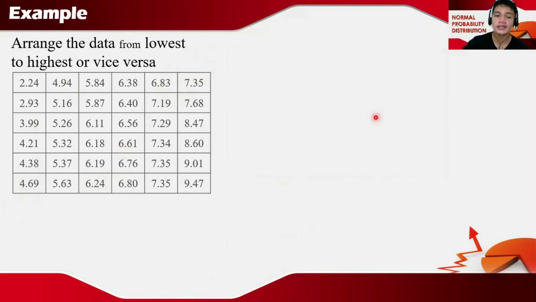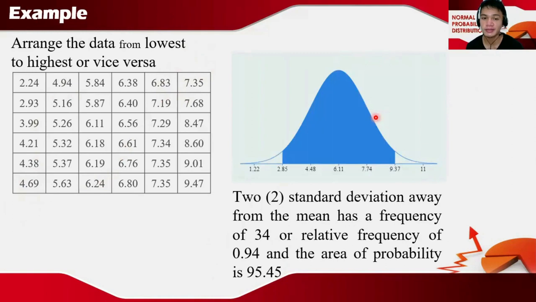Now, for the two standard deviations away from the mean, it has a frequency of 34, since we will be considering values from 2.85 to 9.37. So in this table, let's locate the numbers between 2.85 and 9.37.